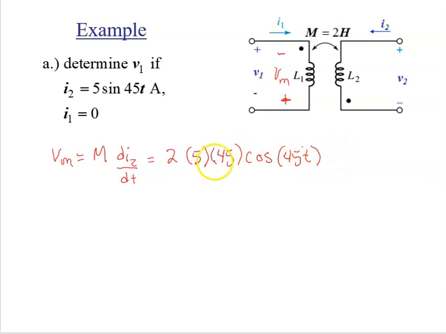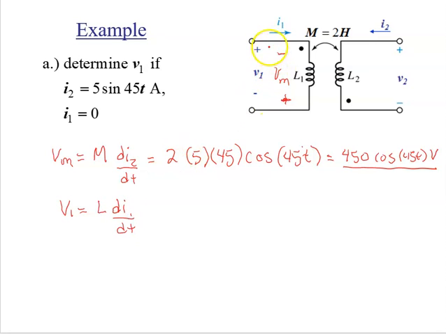So that's equal to 450 cosine 45t, and that will be volts. So that's Vm, but V1 is going to be the negative of that. V1 is not just equal to negative Vm, it's equal to L di1/dt.